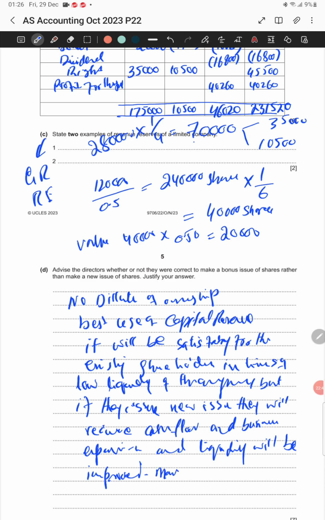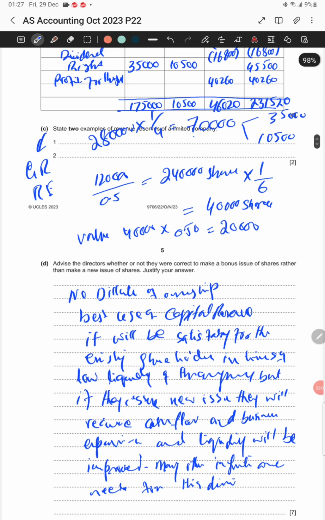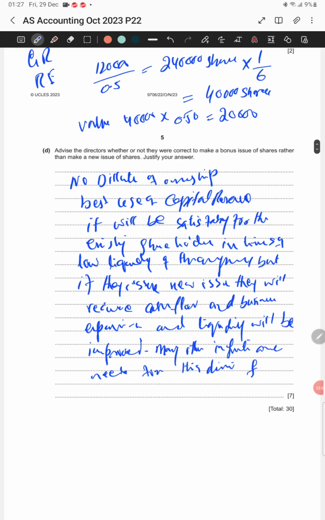Many other pieces of information are needed for this decision: financial liquidity ratio and gearing ratio.